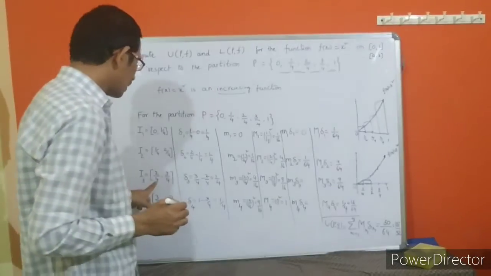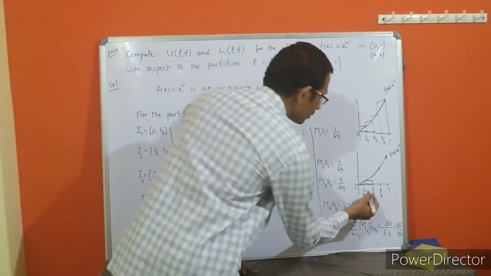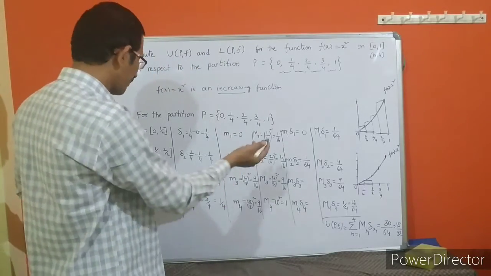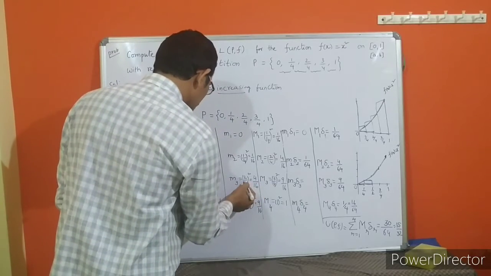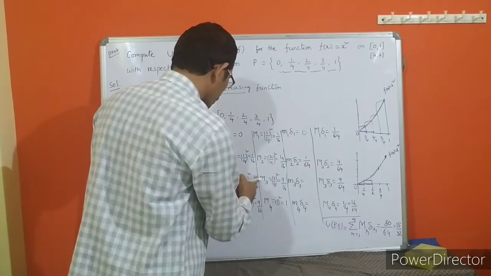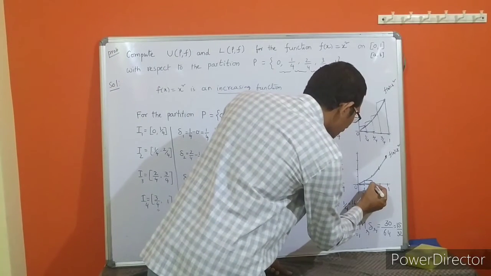Now again 2 by 4 to 3 by 4, or 1 by 2, 3 by 4. So between 1 by 2 and 3 by 4, in this interval, the minimum is 2 by 4 whole square, that is 4 by 16. 4 by 16 is the minimum, so it occurs here at 1 by 2.